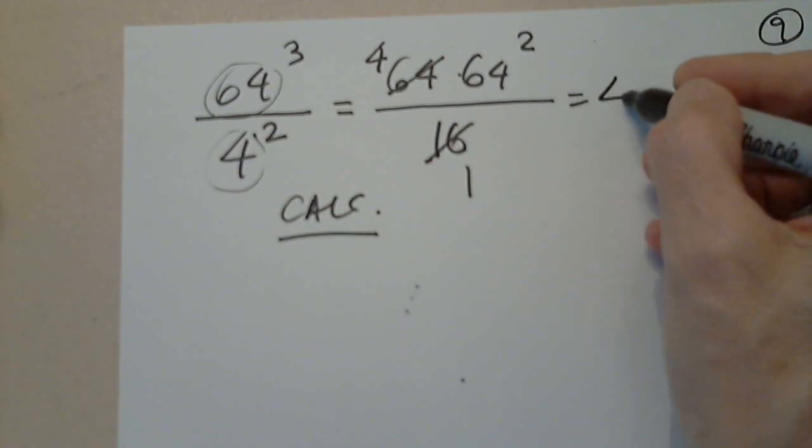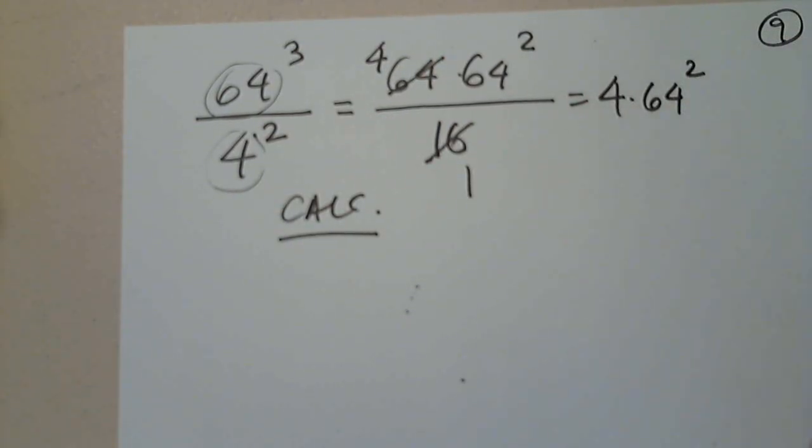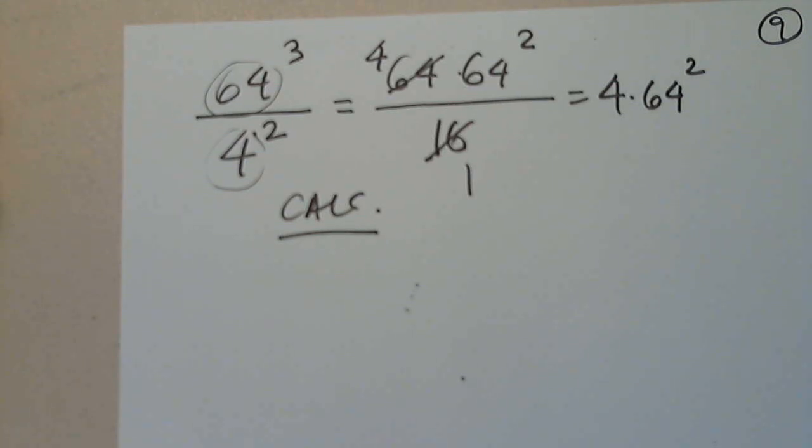So now it's easier to calculate. I would put in the graphing calculator, and I'll calculate. You can calculate it from the beginning. So if I do calculate from the beginning, it's 64 raised to the third power, and divide by 4 to the second power.